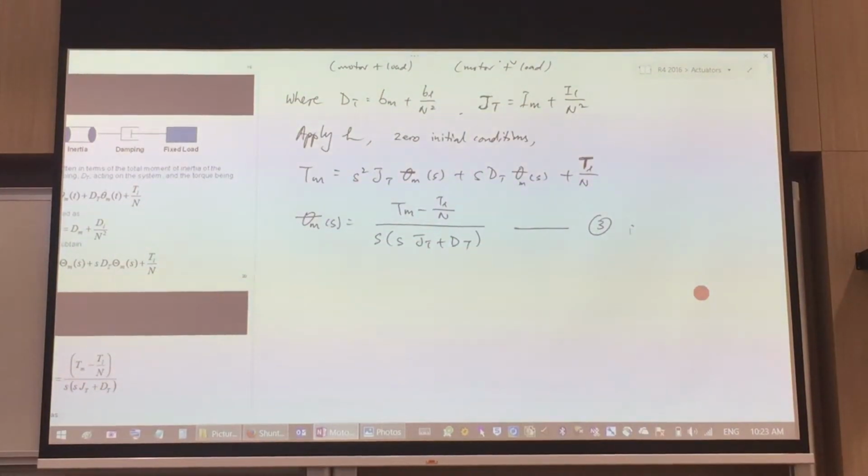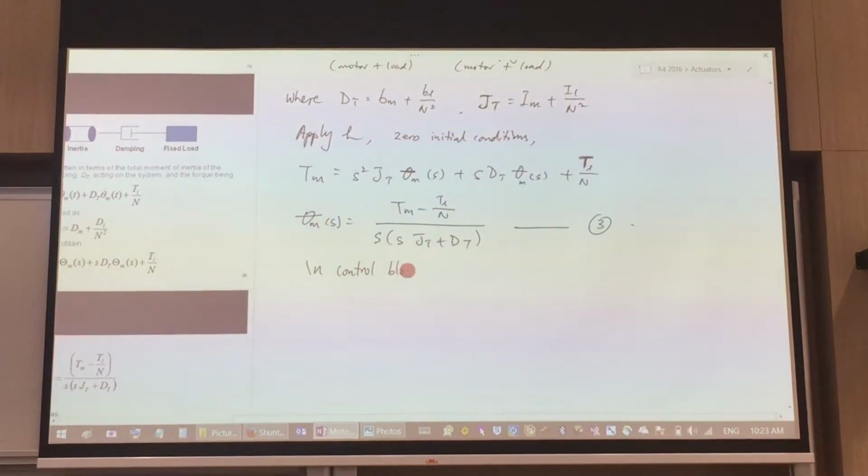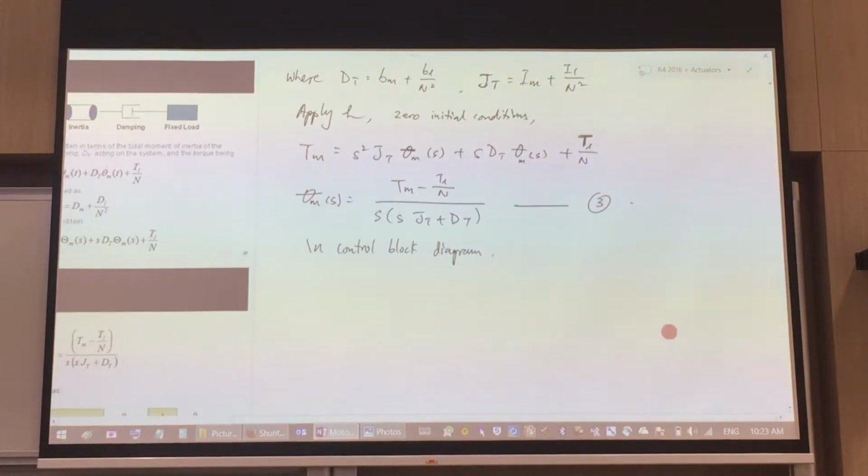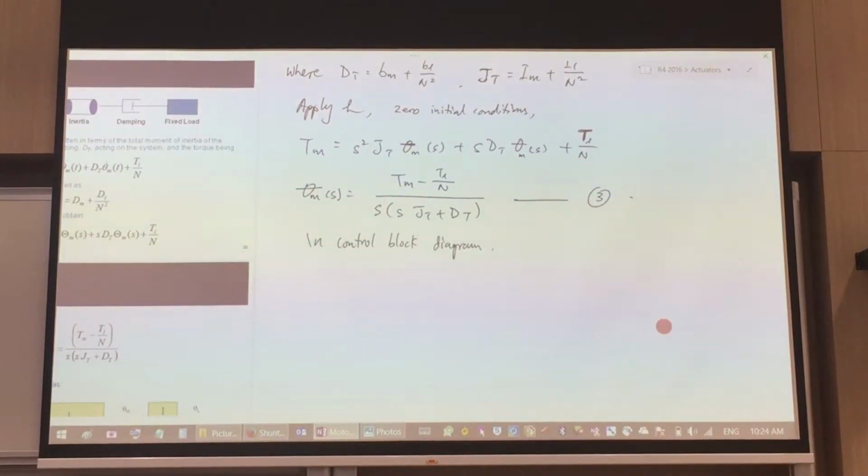Next thing we need to do is to write down the control block diagram. Now you have already learned how to convert a transfer function into a block diagram. There are different ways of doing that. The way that I'm doing, maybe using the fundamentals. I'm trying to write the control block diagram of this transfer function over here.